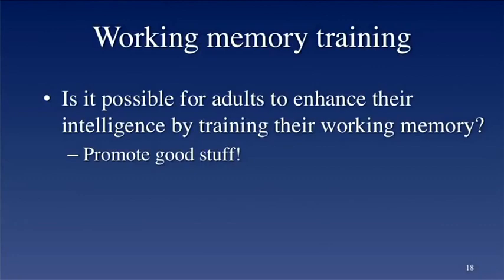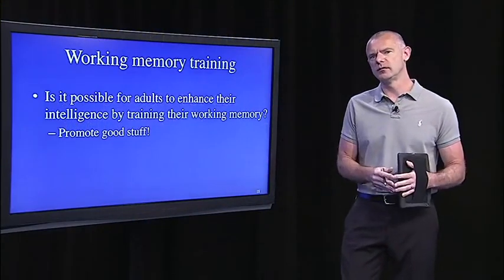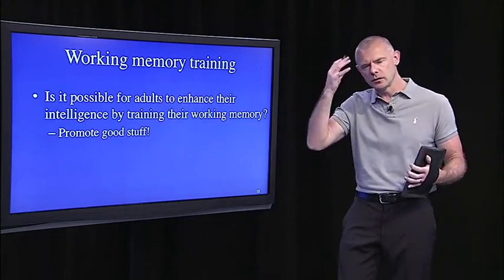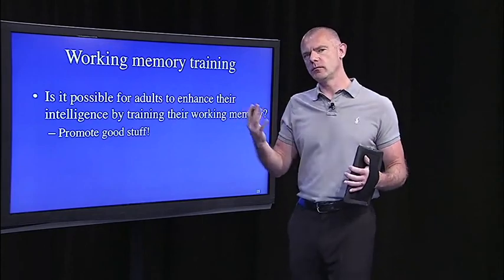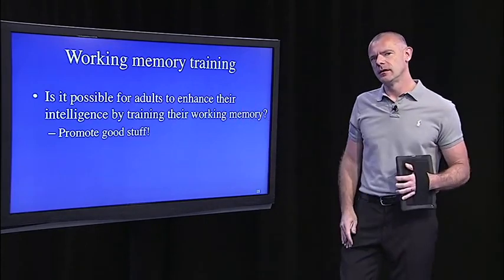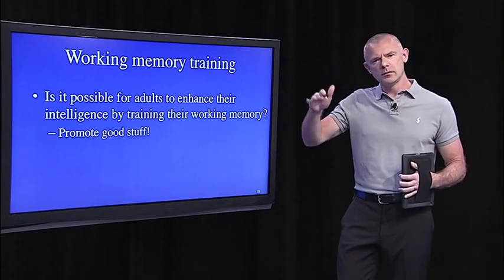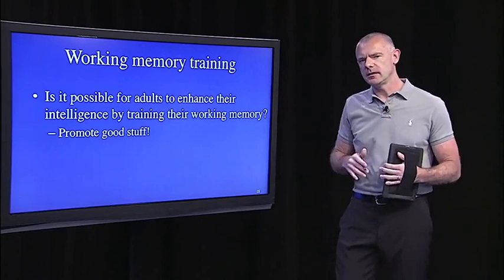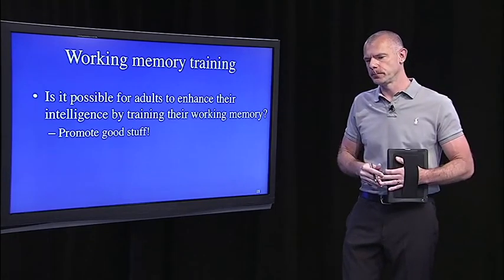This is a pretty radical idea within the field of psychology, because conventional wisdom up to the last decade or so is that once you become an adult, once your brain is matured, once you reach about 18 years old or so, your level of intelligence, your working memory capacity, is sort of fixed relative to the rest of the population.